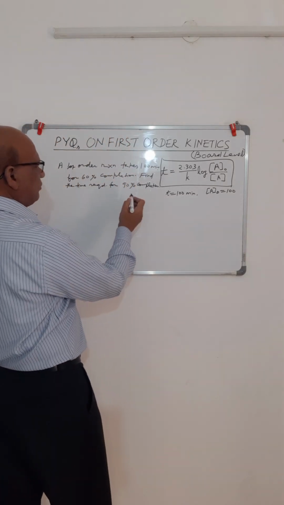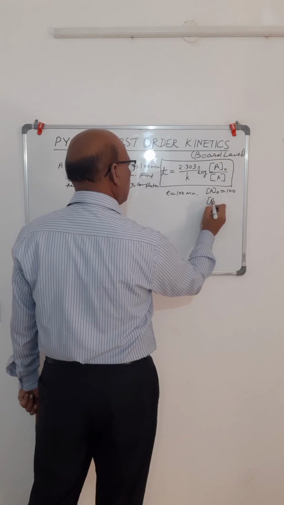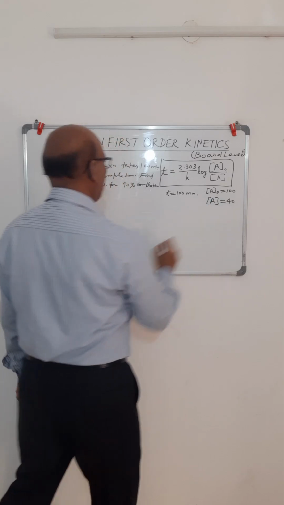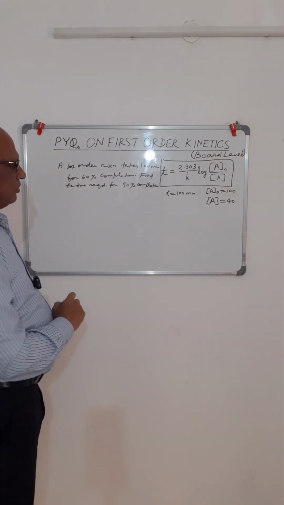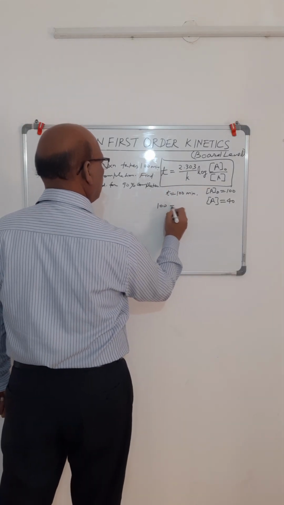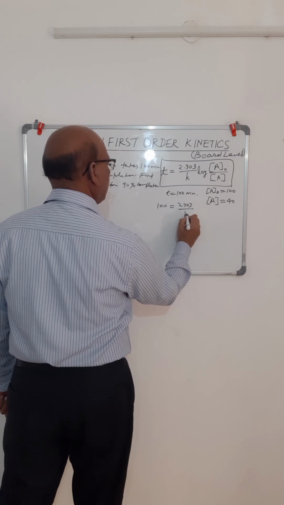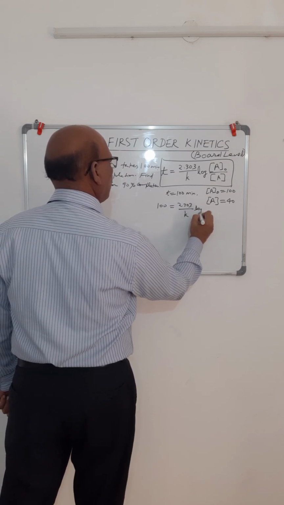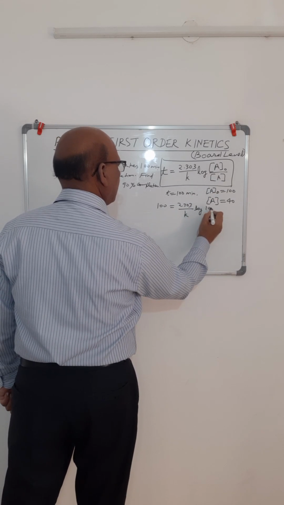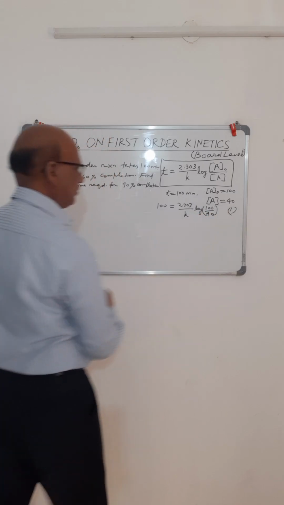So 60% completion means the remaining concentration A will be 40 moles per liter. Now we put in this formula, we will get 100 is equal to 2.303 upon K log of A naught by A, means 100 by 40. So this is equation number 1.